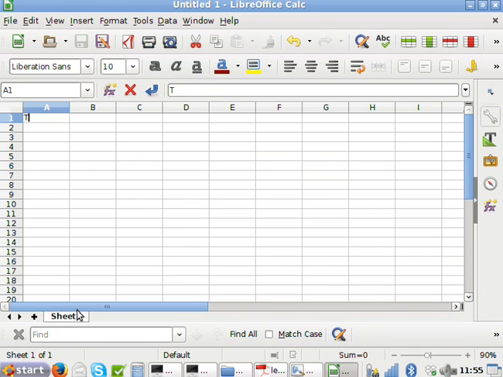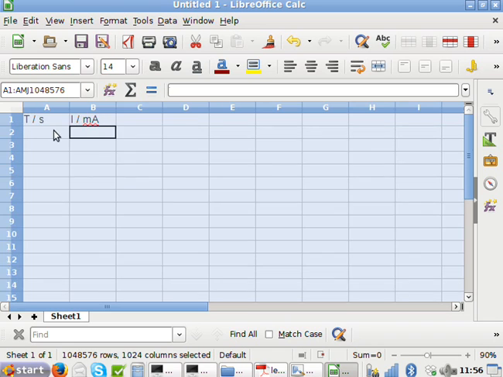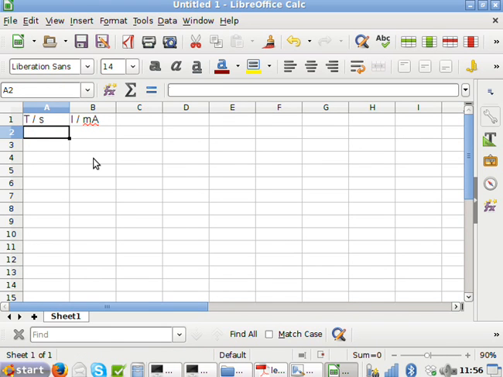So please note this vocabulary. An RC circuit is one resistor and one capacitor. Okay? RC circuit.